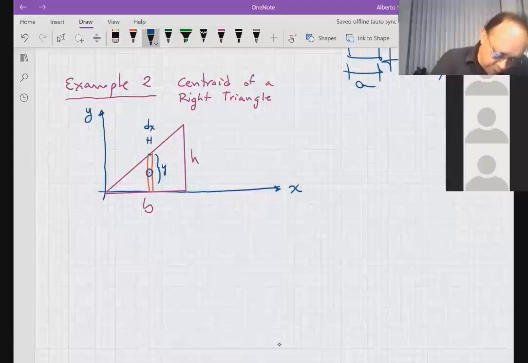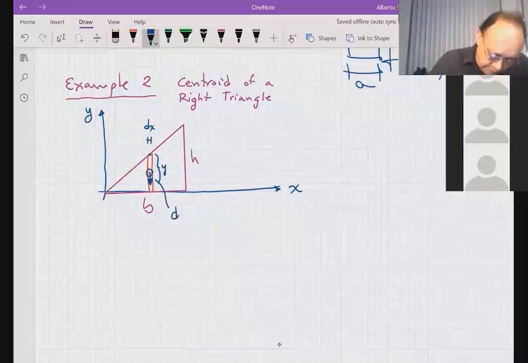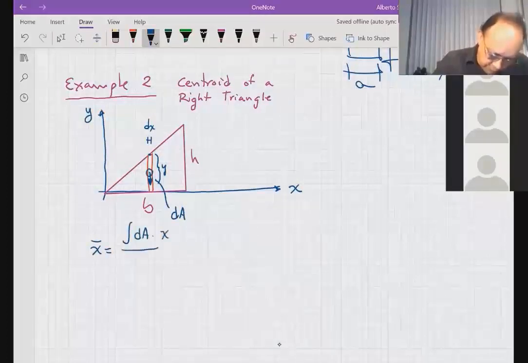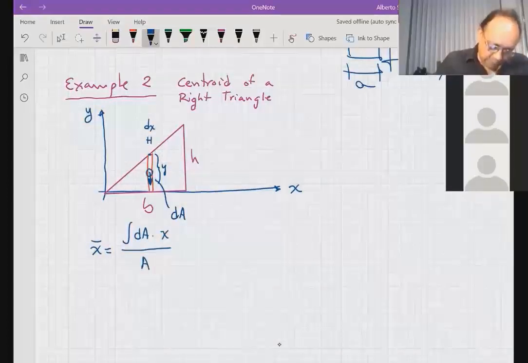So the weight of this strip is here, but we are not calling this the weight anymore. We are calling it dA. And our expression is x bar is equal to integral of dA times x divided by A, right?